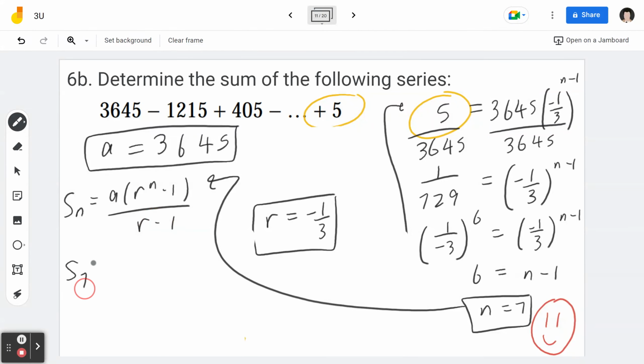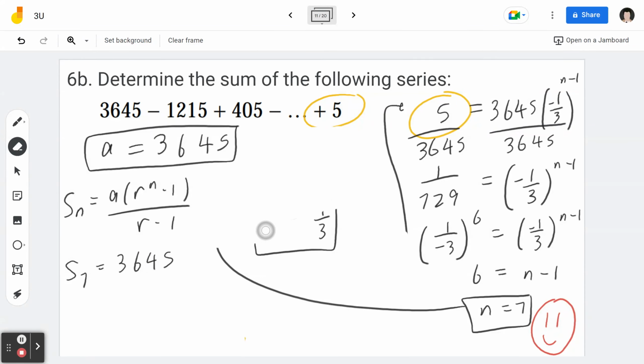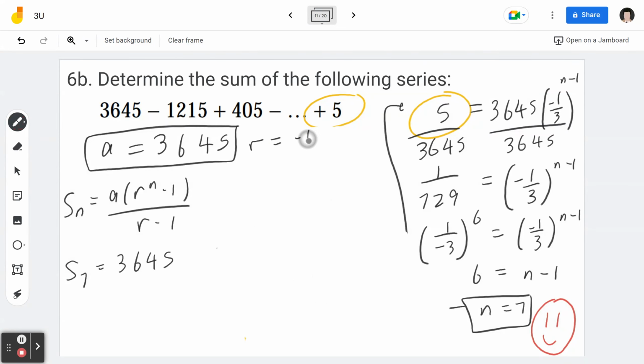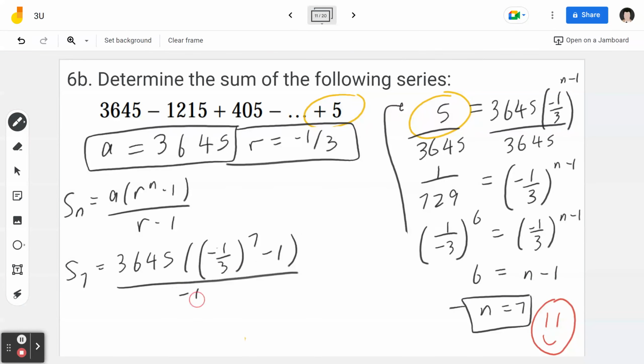So in this case, S of 7 is going to be 3,645. Let me grab a bit more space. Negative 1 over 3. I'll just put it back here. Multiplied by negative 1 over 3 in brackets to the power of 7 minus 1, all over negative 1 over 3 minus 1.